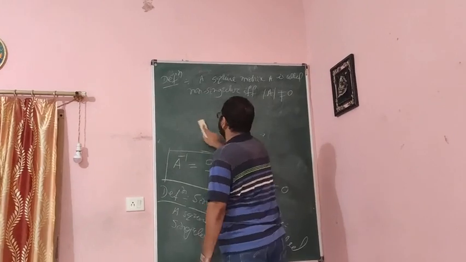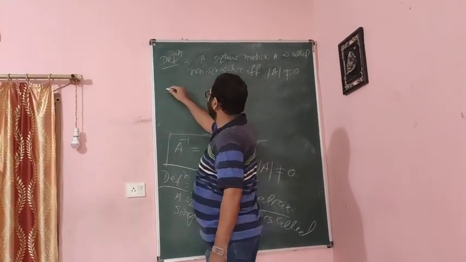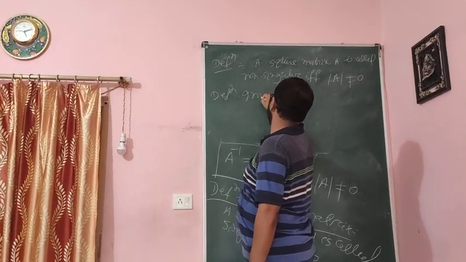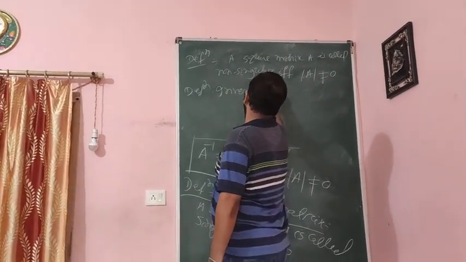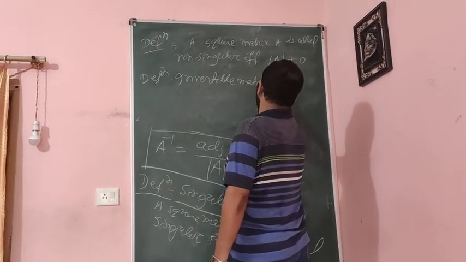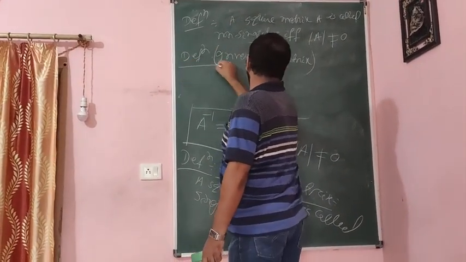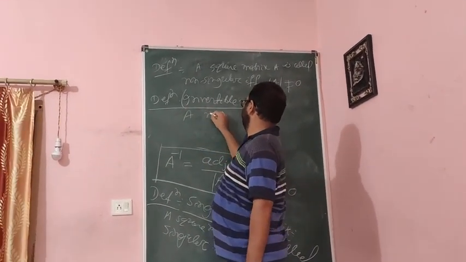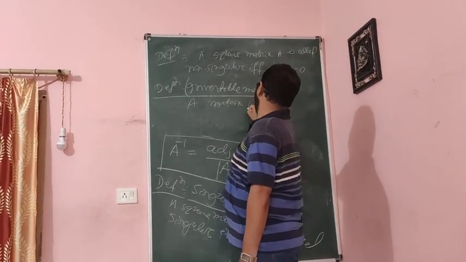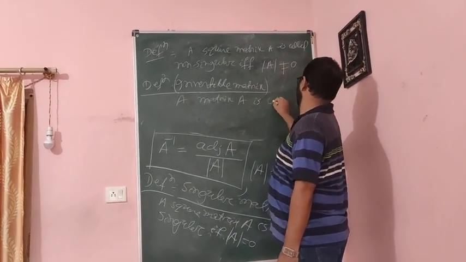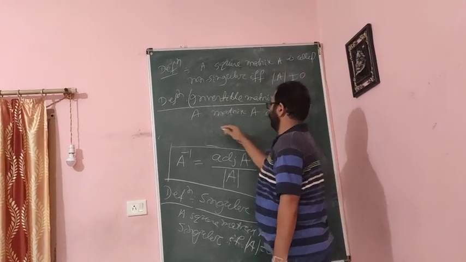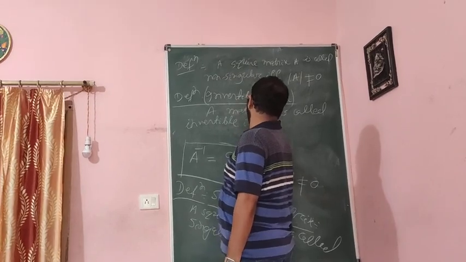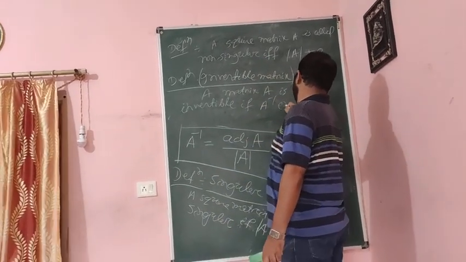Then the inverse exists. Now another definition: what is an invertible matrix? Invertible, you know, means the inverse exists. Previously I have told you. A matrix A is called invertible if A inverse exists.